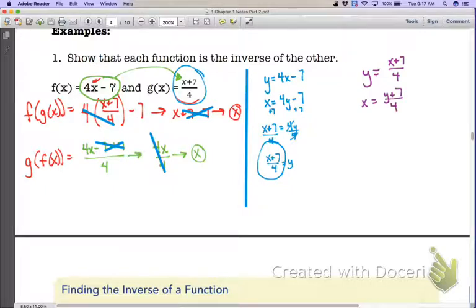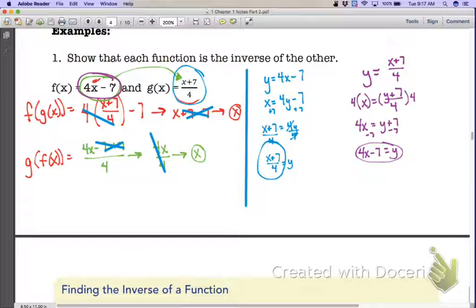How am I going to get rid of the 4? Just multiply it. So 4x equals y plus 7. Subtract 7. 4x minus 7 equals y. Does that look like this?